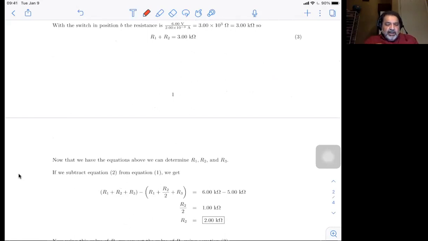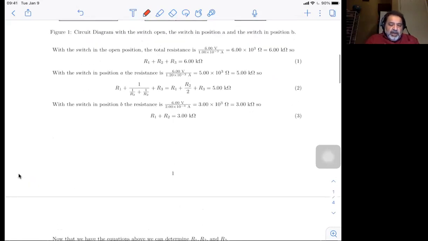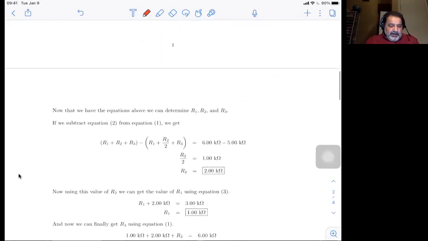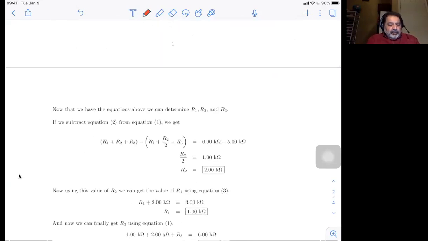If we subtract equation 2 from equation 1, this is what we get. R1 plus R2 plus R3 minus R1 plus R2 over 2 plus R3 equals 6 kilo ohms minus 5 kilo ohms.